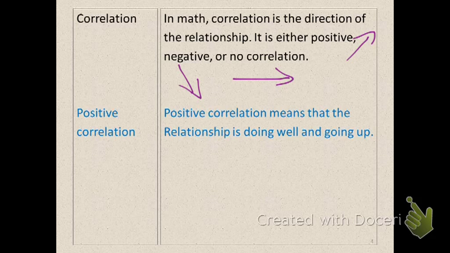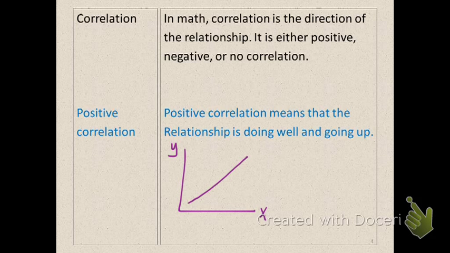In a positive correlation, it means the relationship is doing well and it's going up. So if I have a graph here, here's my x, here's my y, it kind of looks like this. The x variable keeps increasing, it just keeps going up and up and up. The y variable also goes up.